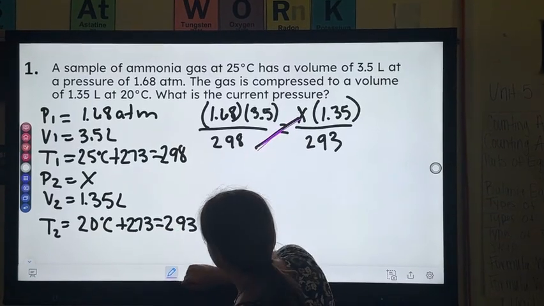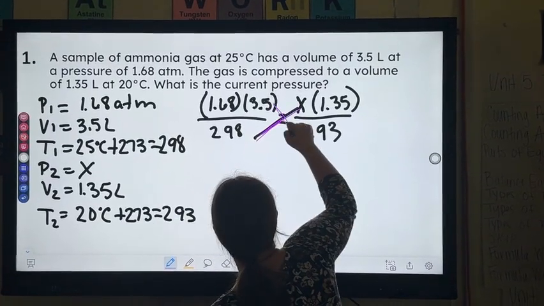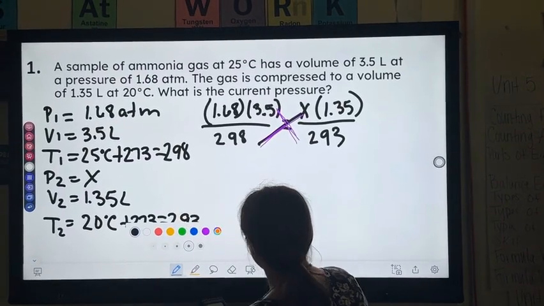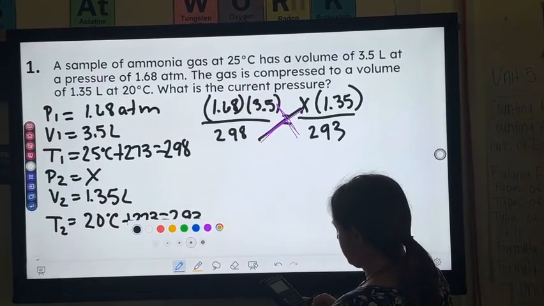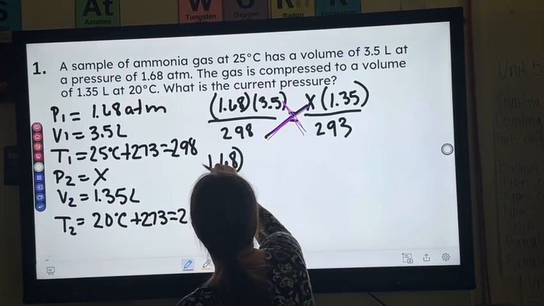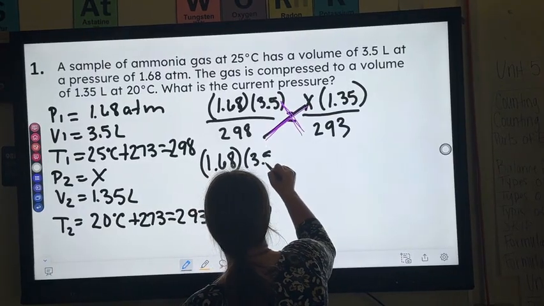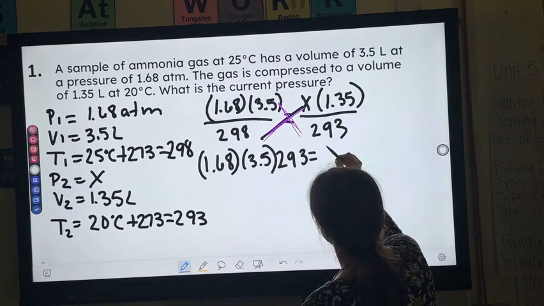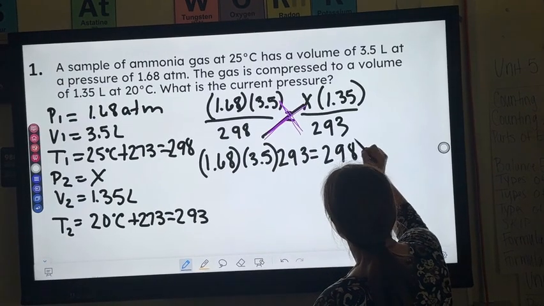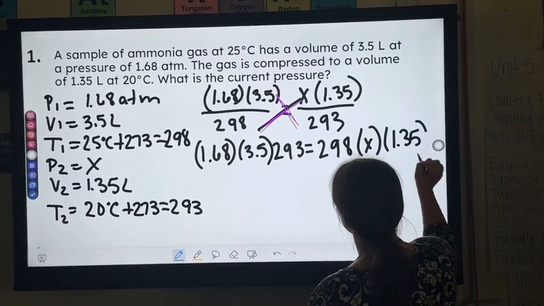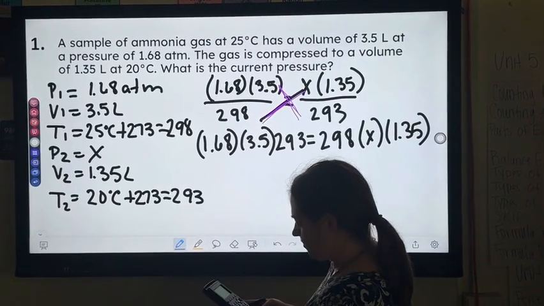So 1.68 times 3.5 times 293 is equal to 298 times X times 1.35.